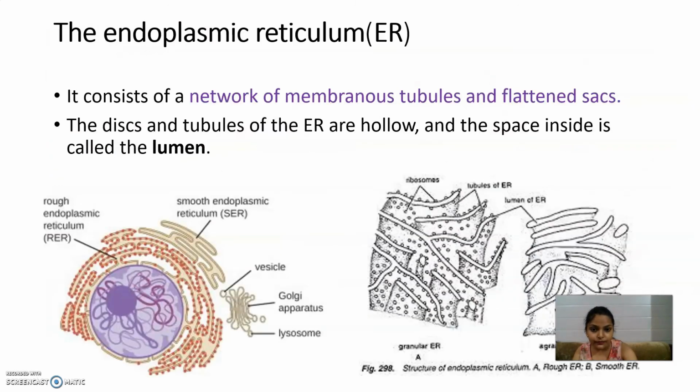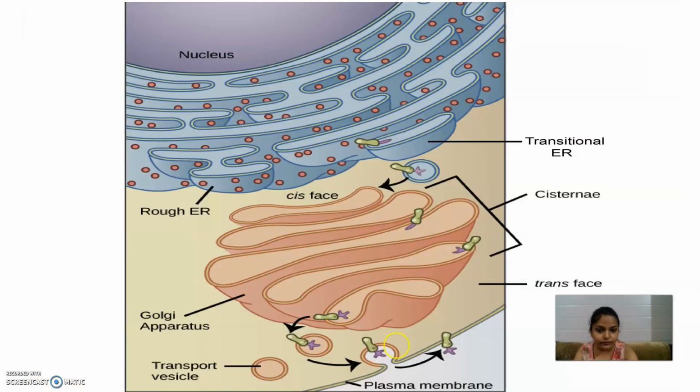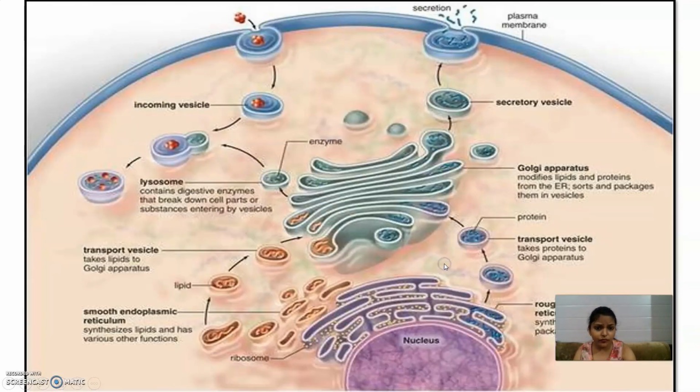You can see here in this diagram, from the trans face of this Golgi apparatus, the proteins are leaving in the form of vesicles.